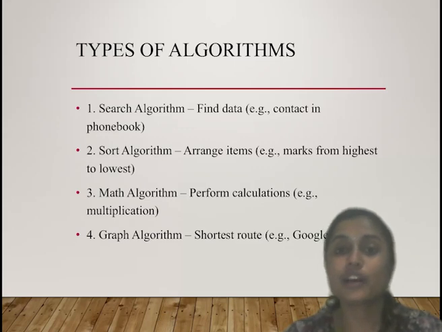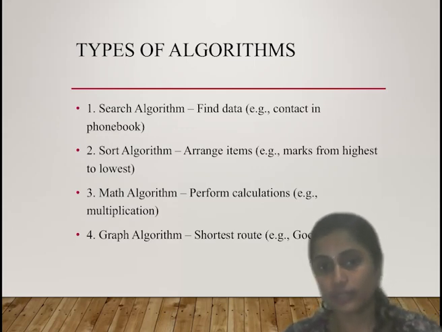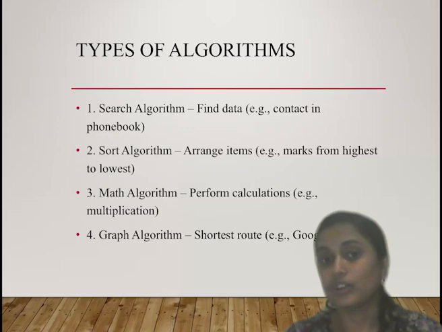For example, arranging marks from highest to lowest. In this example, we can use a sort algorithm. Math algorithm can be used to perform calculations like multiplication, division, and arithmetic operations. In the case of graph algorithm, we already discussed the Google Maps example. We are finding the shortest route.